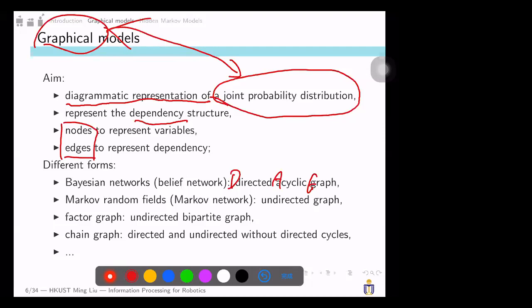This is called the DAG. You have a Markov random field, which is an undirected graph. You don't have arrows pointing here and there. You have a factor graph. You want to define the functions on the edges, and you have a chain graph, right? Chain graph allows directed cycles.